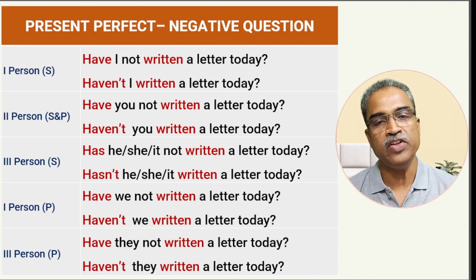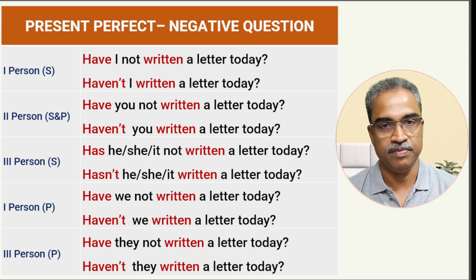So you need to know which auxiliary verb is used in which tense according to the person, first person, second person, third person, and their numbers, meaning whether the persons are singular, one, or plural, more than one. That brings us to the end of today's class, and I'm sure that you have understood how to frame sentences in the present perfect tense.